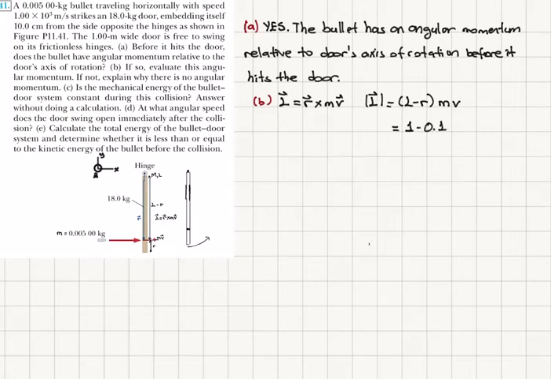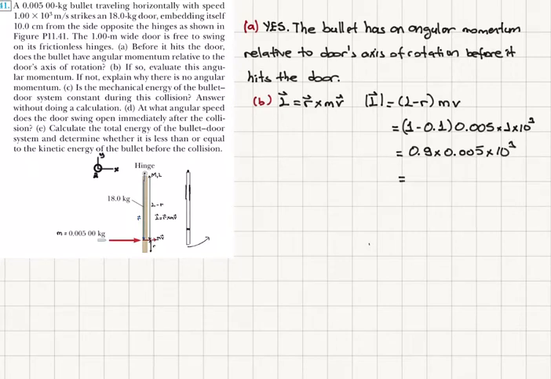It's a 1 meter wide door, so it's 1 meter, 10 centimeters from the opposite side, so minus 0.1 meter. Mass of the bullet is 0.005 kilograms. Velocity is 1 times 10 to 3 meters per second.